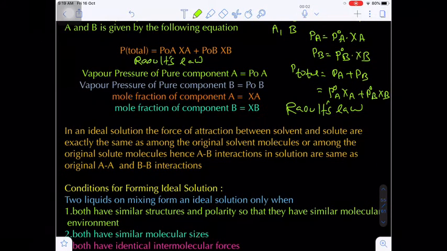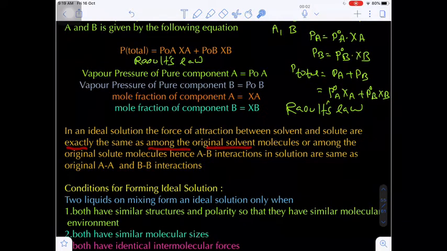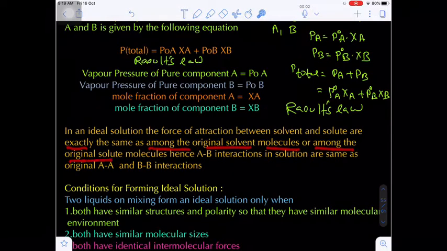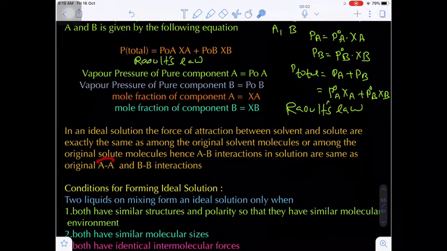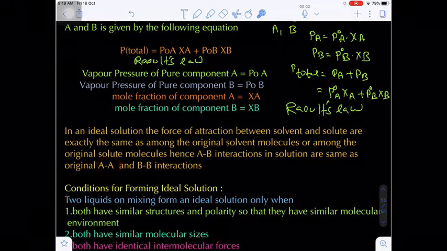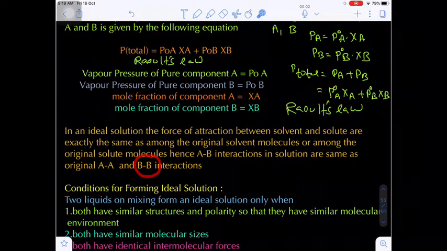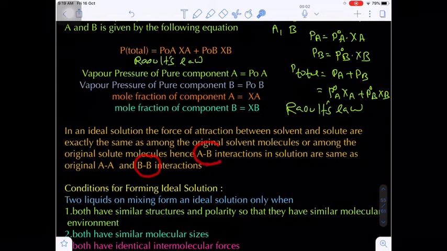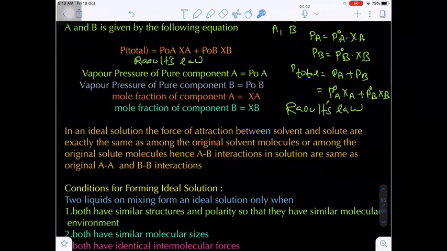Now in an ideal solution, the force of attraction between the solvent molecules and the solute molecules is exactly the same as that of the original solvent molecules and original solute molecules. That means the interaction between AA, the interaction between BB, will be equal to the interaction between A and B molecules.